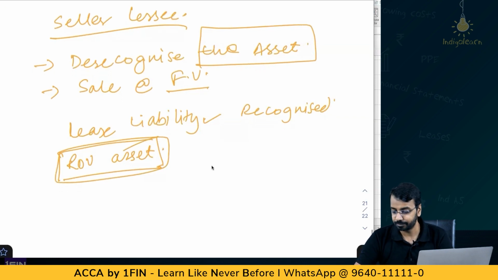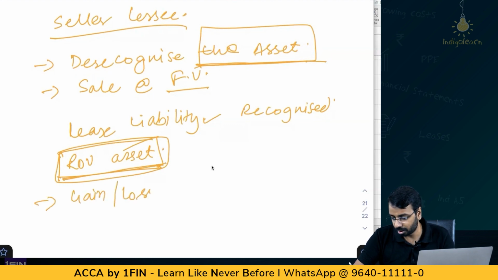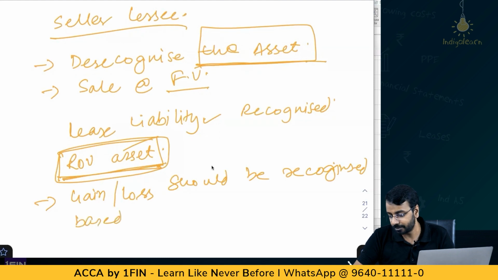Then, because I am retaining some right and I am de-recognizing the full asset, but I am again recognizing part of the asset, the gain or loss should be recognized based on asset proportion transfer.